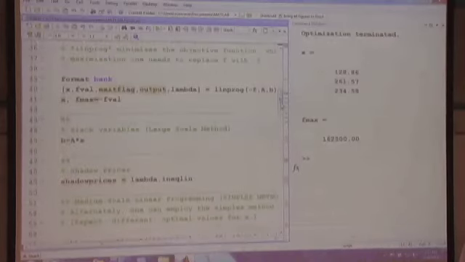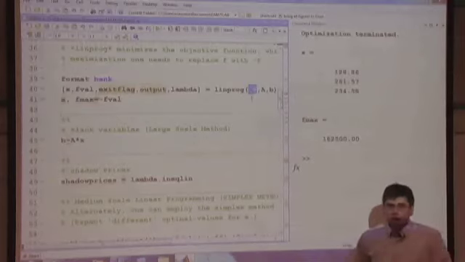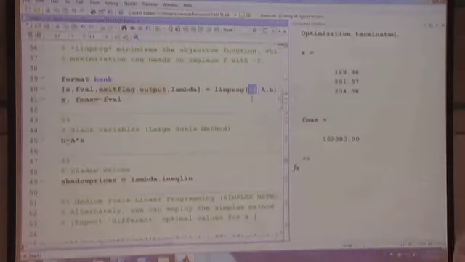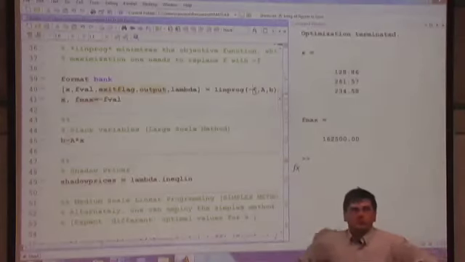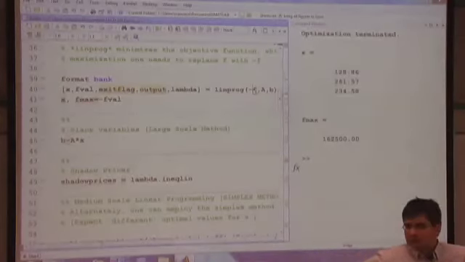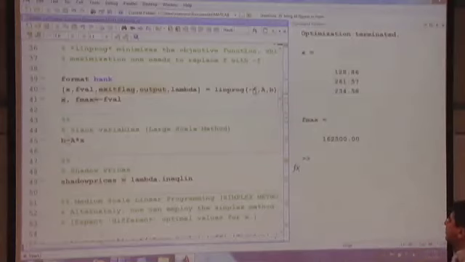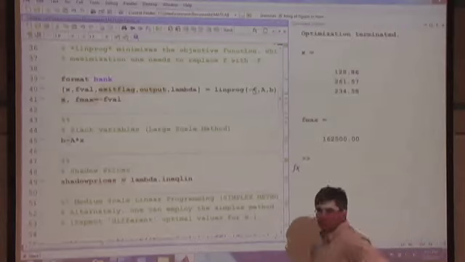Right. If you weren't sure, would you just run the linprog and see what the results were, and then make a decision based on that? If you're not sure about what? Whether or not you want the min or the max, whether or not what the linprog can produce. Or is there always going to be the amount of max?